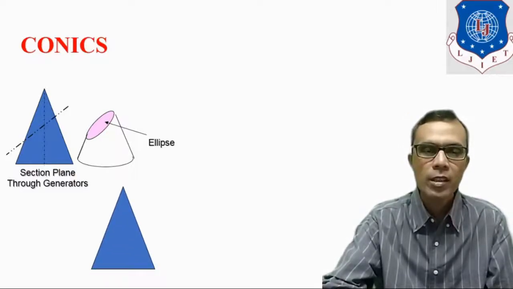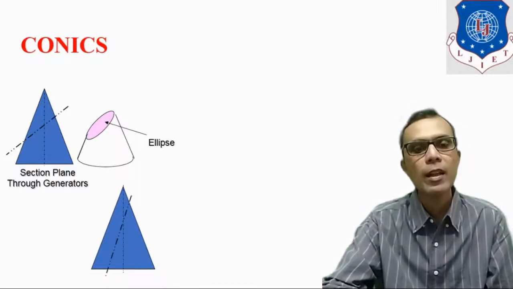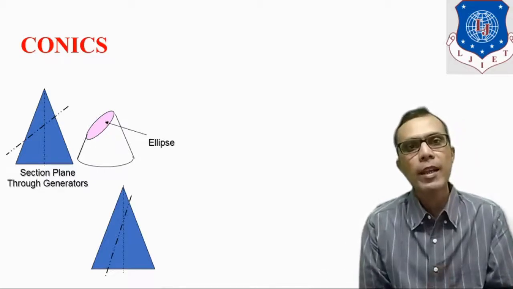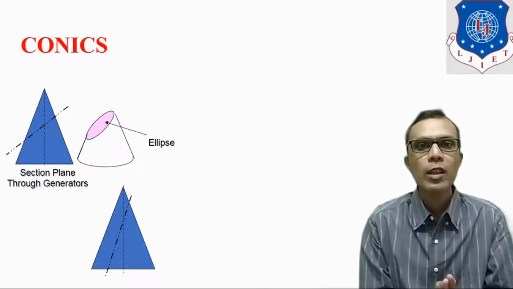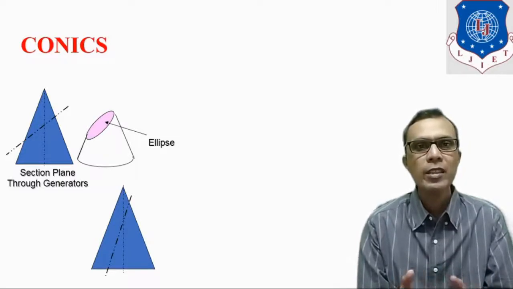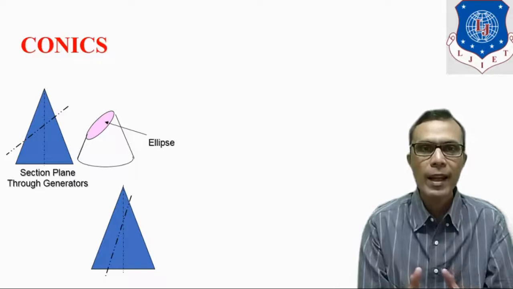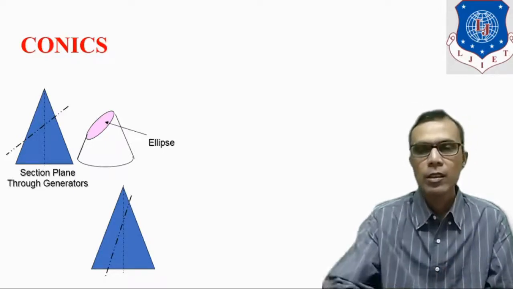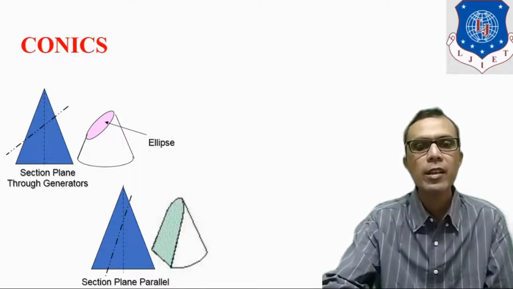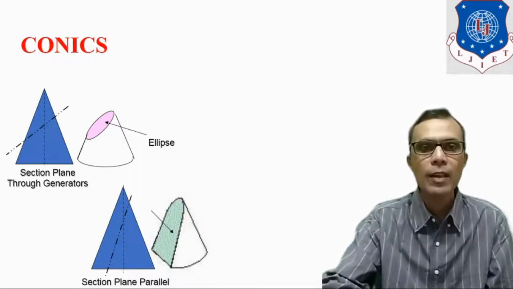Now let us change the position of the cutting plane. Here the cutting plane is parallel to one of the generators of the cone. If we cut the cone in this position and the smaller part is removed, then the remaining section is a parabola.